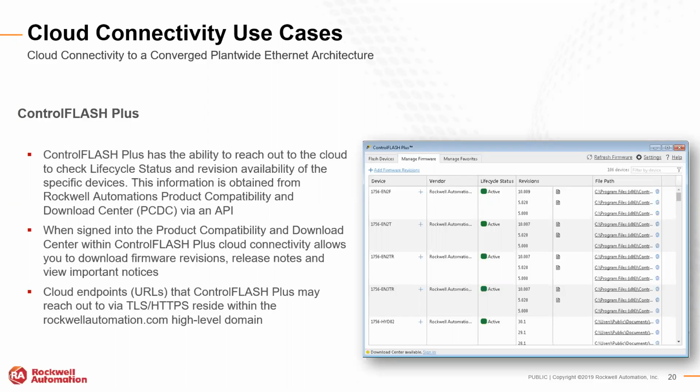When signed into the PCDC within ControlFLASH Plus, cloud connectivity allows you to download firmware versions, release notes, and view important notices. Cloud endpoints that ControlFLASH Plus may reach out to are secured by TLS or HTTPS within the RockwellAutomation.com high-level domain.